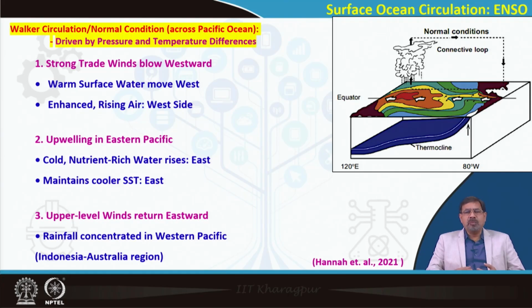In terms of upwelling in the eastern Pacific, cold and nutrient rich water rises, and that is how they maintain a cooler sea surface temperature or SST in the eastern side. And then the upper level winds return eastward, rainfall concentrated in the western Pacific. In terms of the southern one, you can see the Indonesia and Australian region.